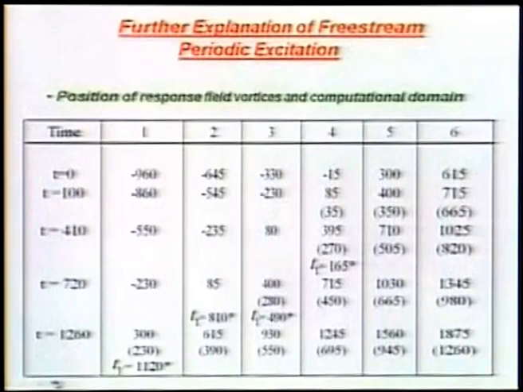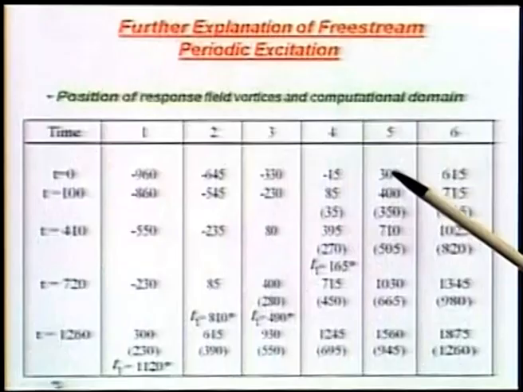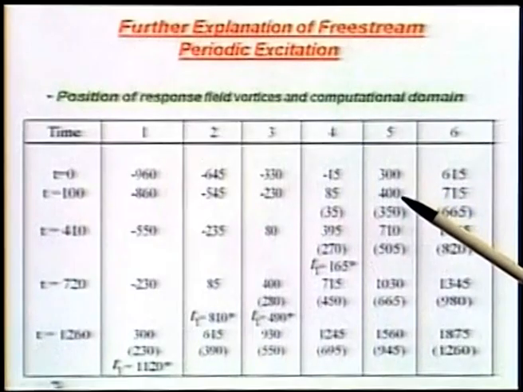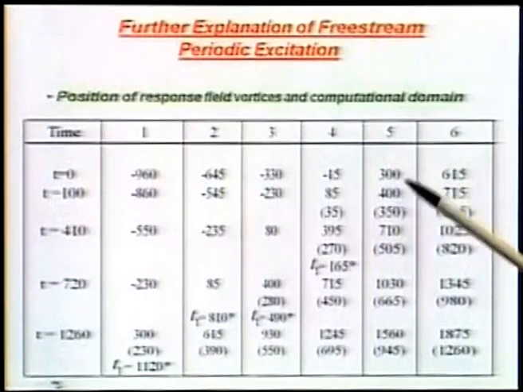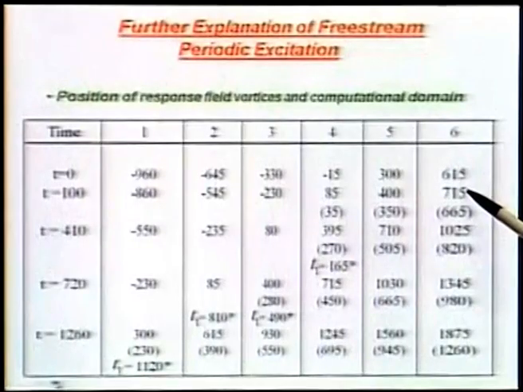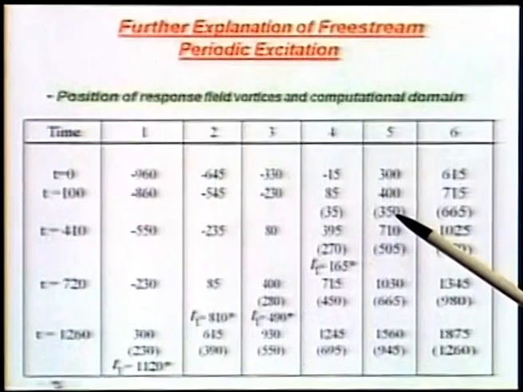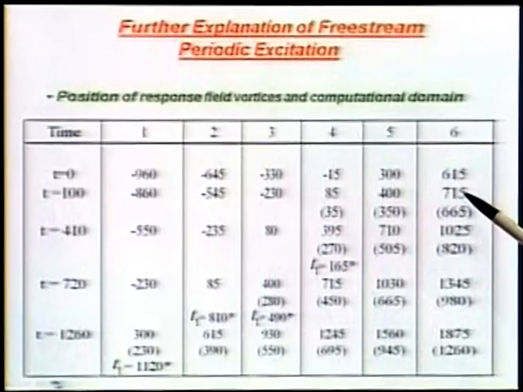At t equal to 100, I showed you those 4 frames. Where would we expect the input to go? At an interval of 100, it will go to 400, this will go to 715, but in the response that we saw, where did we see the peak? Instead of 400, we saw the peak at 350, and instead of seeing the peak at 715, we saw it at 650.